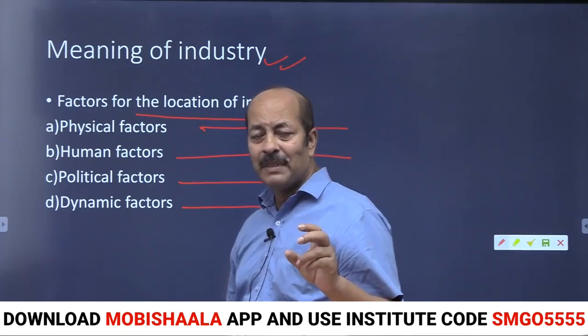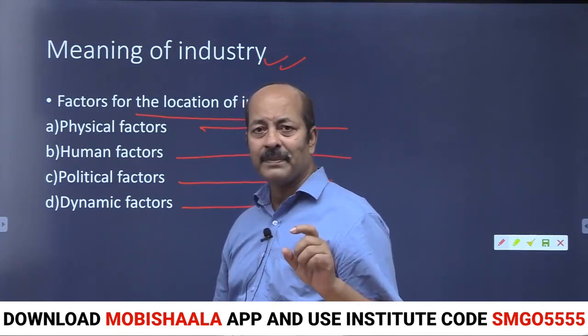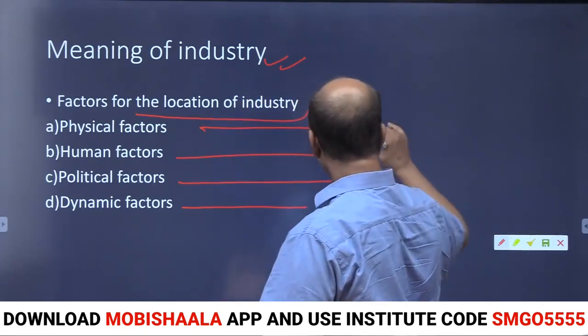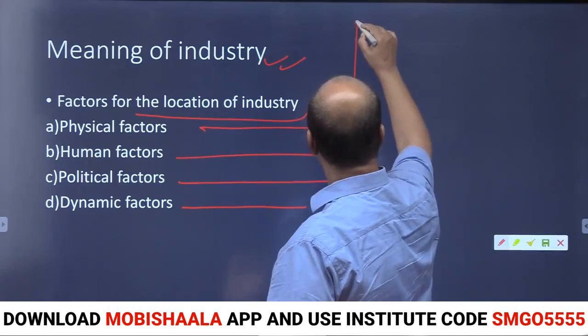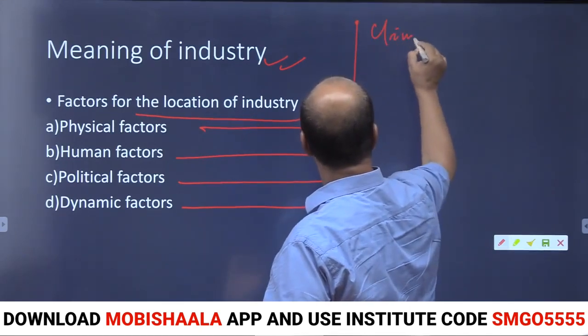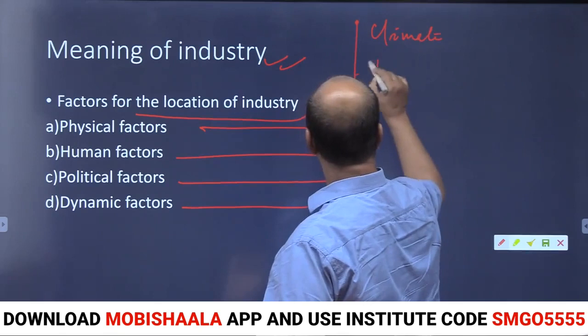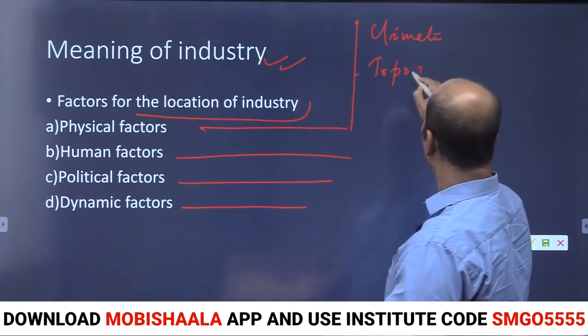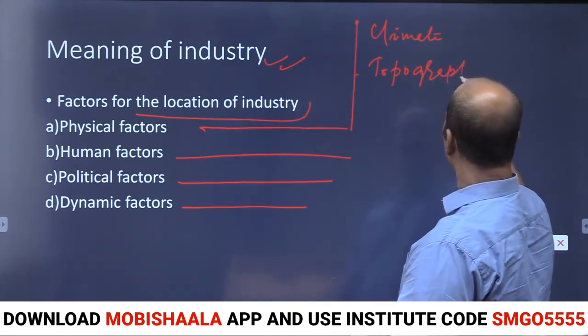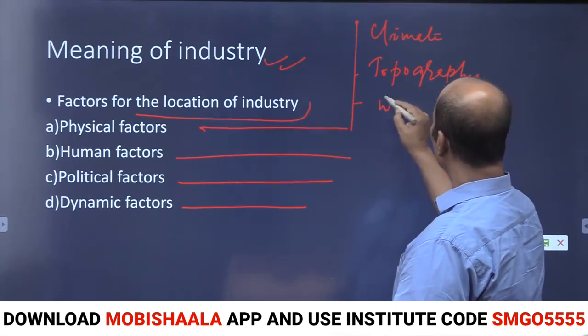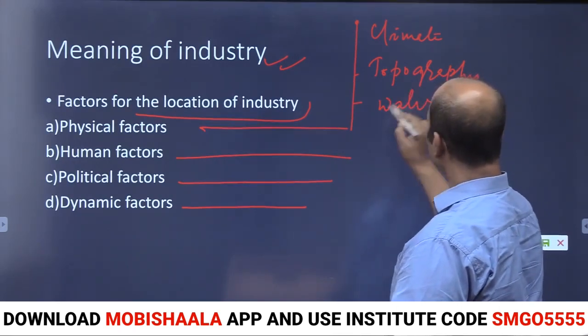I am going to elaborate first on the physical factor. In physical factors we include the first one, climate, the second one, topography, the third one, available water, and the fourth one, raw material.